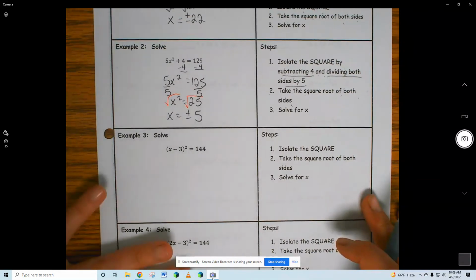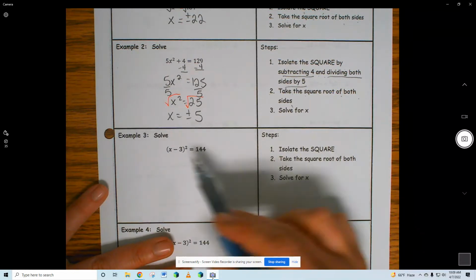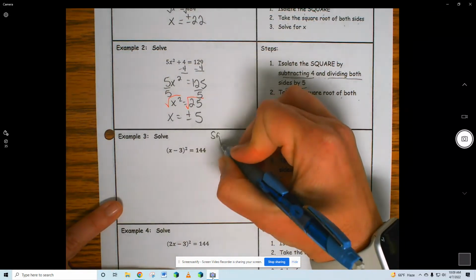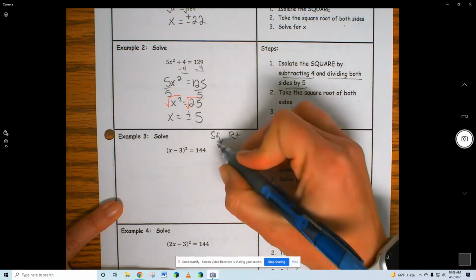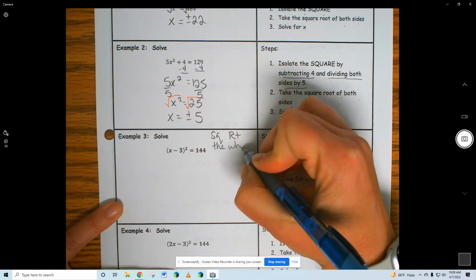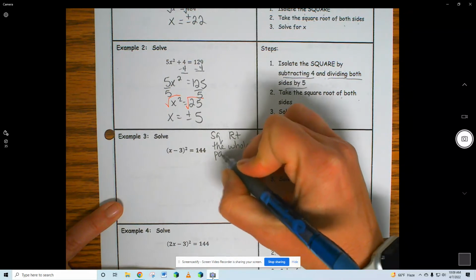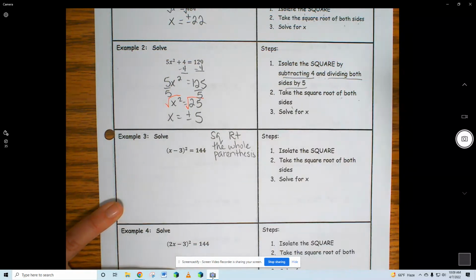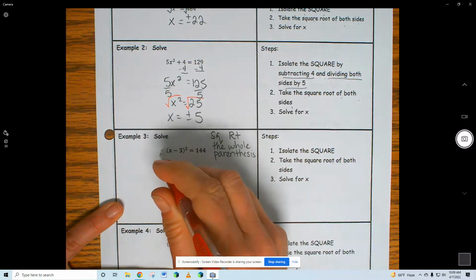Example 3 is different. Isolate the square. Well, right now it is the parentheses. So I'm going to square root the whole parentheses. So it's going to look like this.